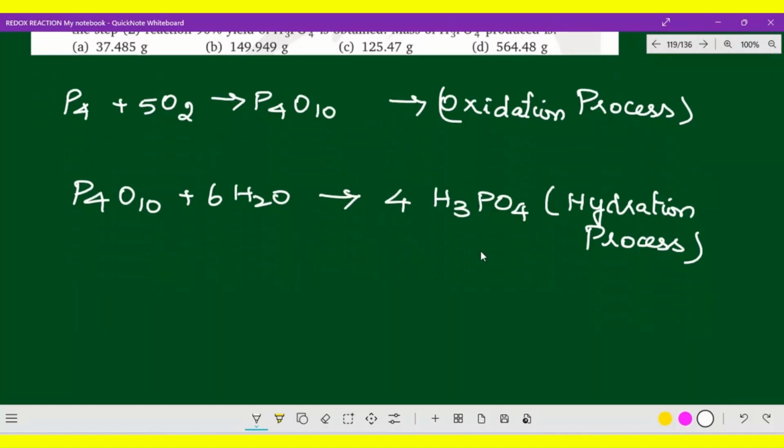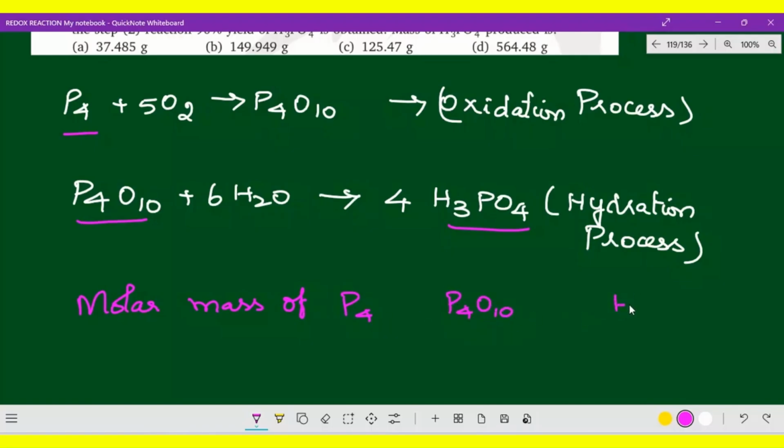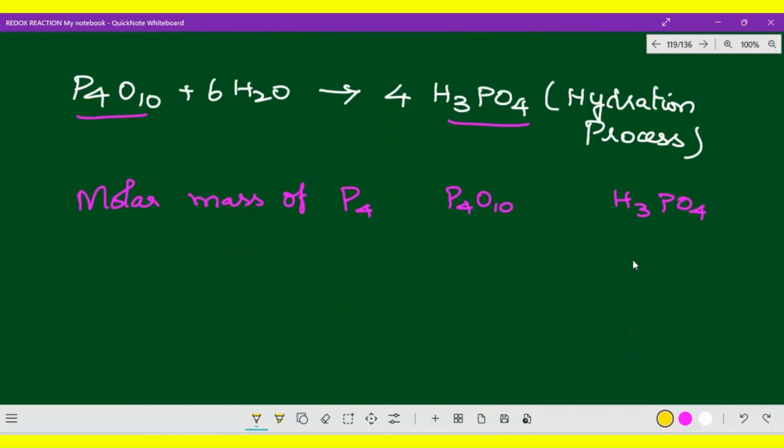Now let us identify the molar mass of P4, P4O10 and H3PO4. P4O10 is nothing but phosphorus pentoxide, P2O5 only. But here we have to identify the molar mass of P4O10 only. I just wanted you to know what P4O10 is. Now, H3PO4 molar mass, you know very well, that is 98 gram per mole.